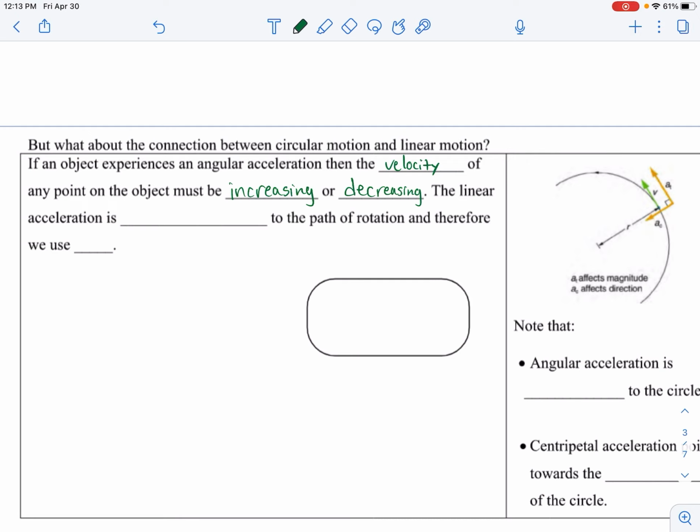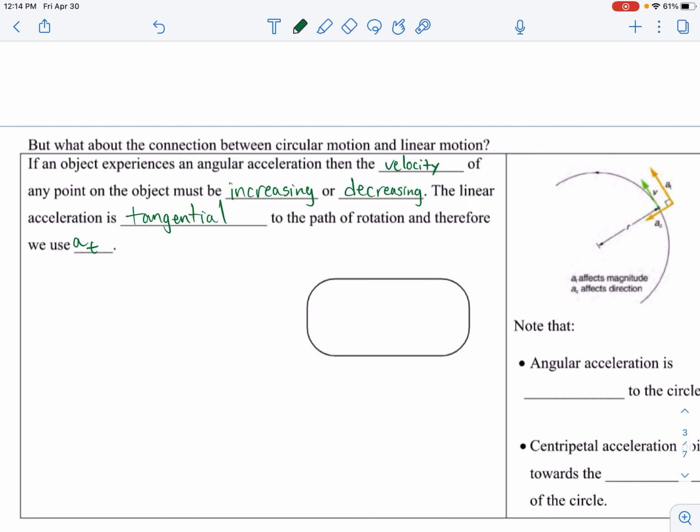The linear acceleration is tangential to the path of rotation. And therefore, we use the symbol AT, which represents tangential acceleration.